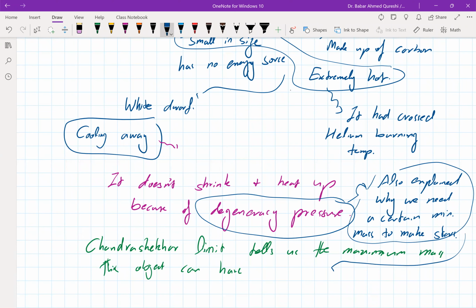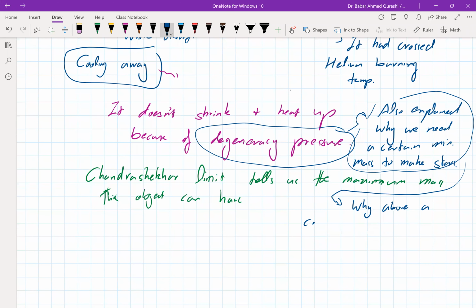It also explained why above a certain mass a star must be born.